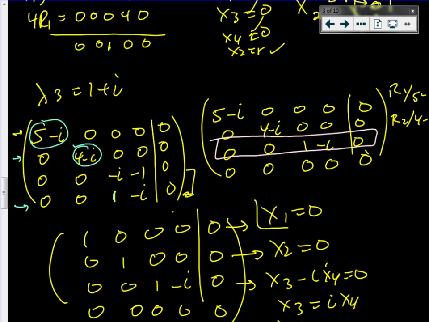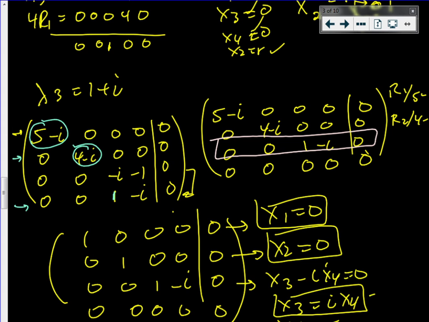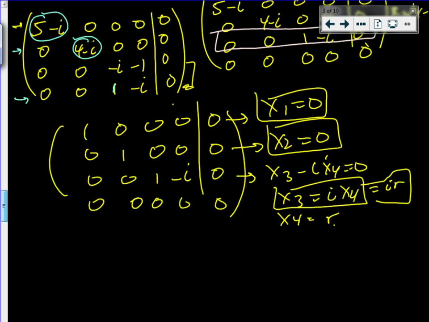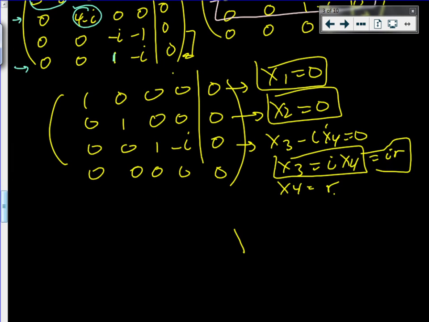So we have x1, x2, x3, and x4 is free, so it's r. So x3 is i times r. Okay, so let us write down what x equals.